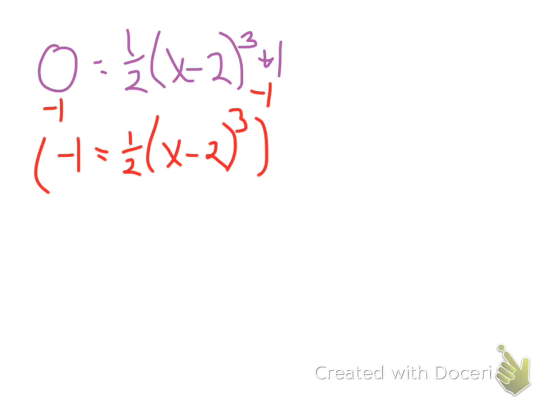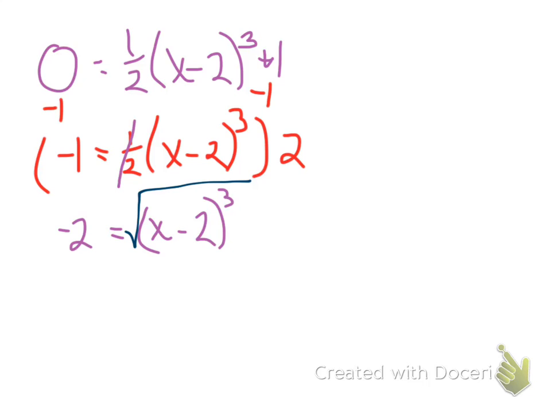I then multiply everything by 2 to get rid of the 1/2. So I get negative 2 equals (x minus 2) cubed. From here I'm going to take the cube root.